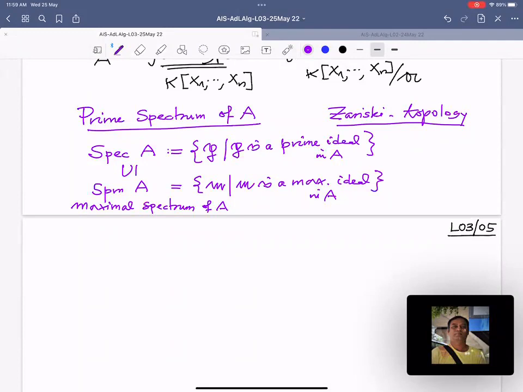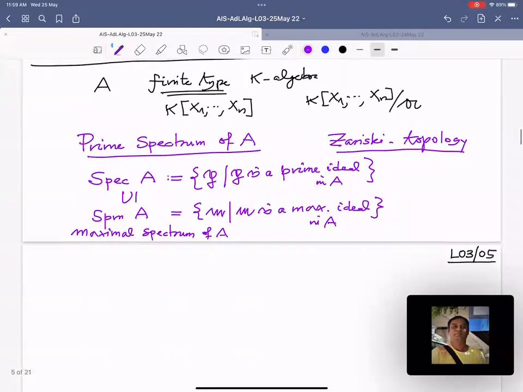But it looks a little abstract. So I want to use the fact that it is a K algebra. How can you produce maximal ideals in the polynomial algebra?